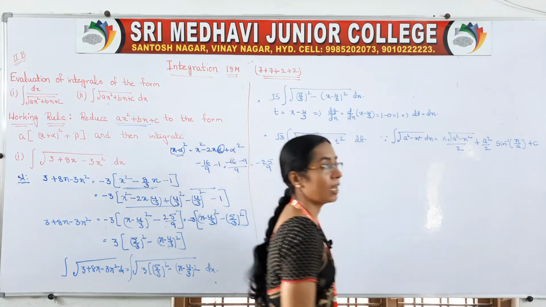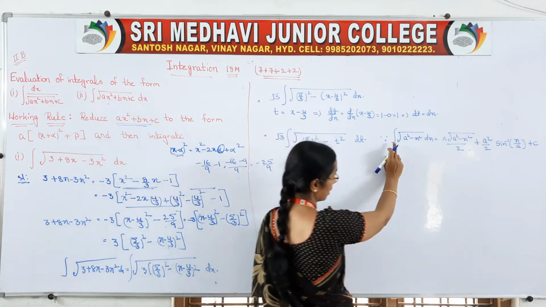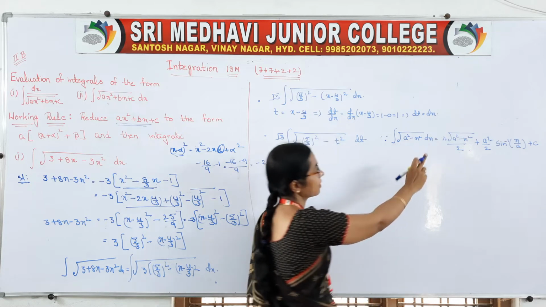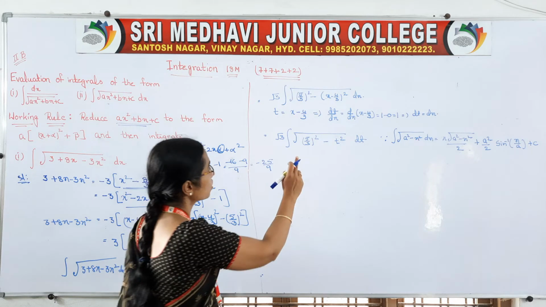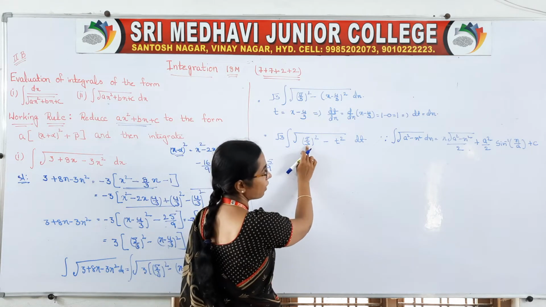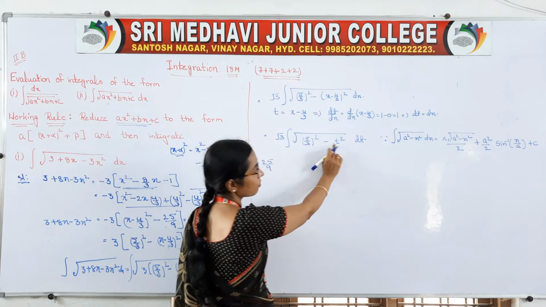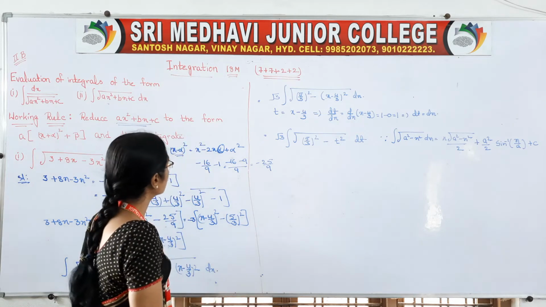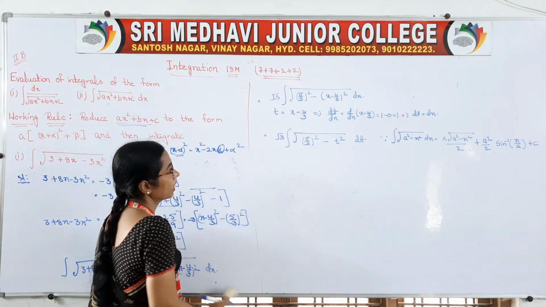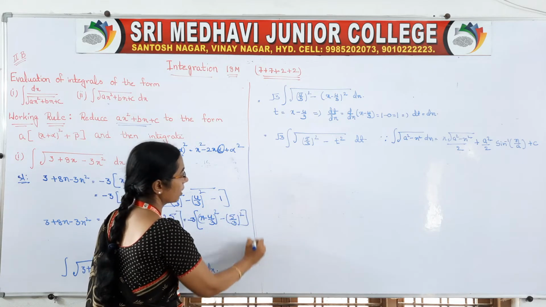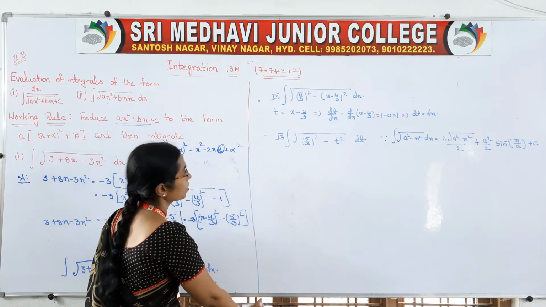Whenever we have integral root of a² minus x² dx, we have to apply that formula. Instead of a, you have 5 by 3, and instead of x, you have t. So now you substitute in that formula.